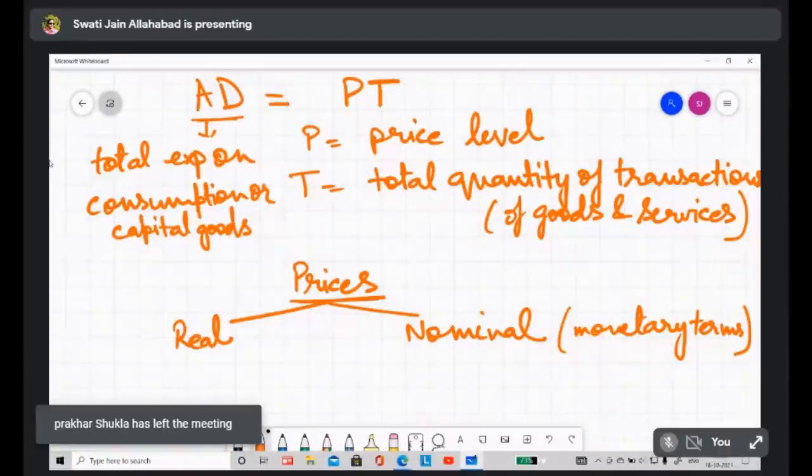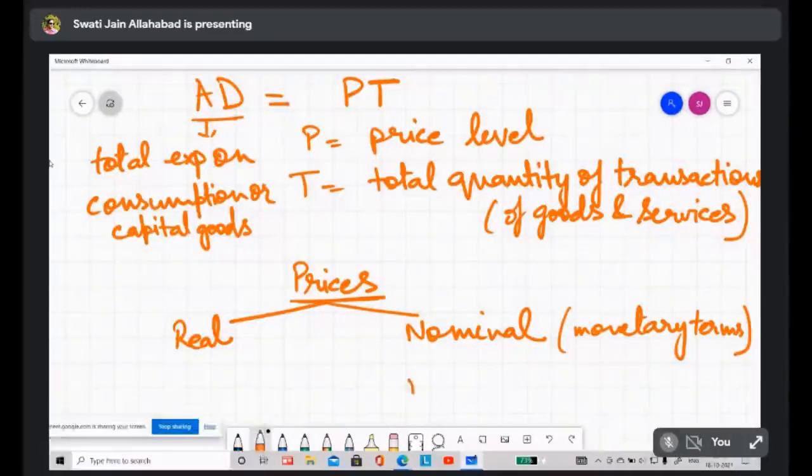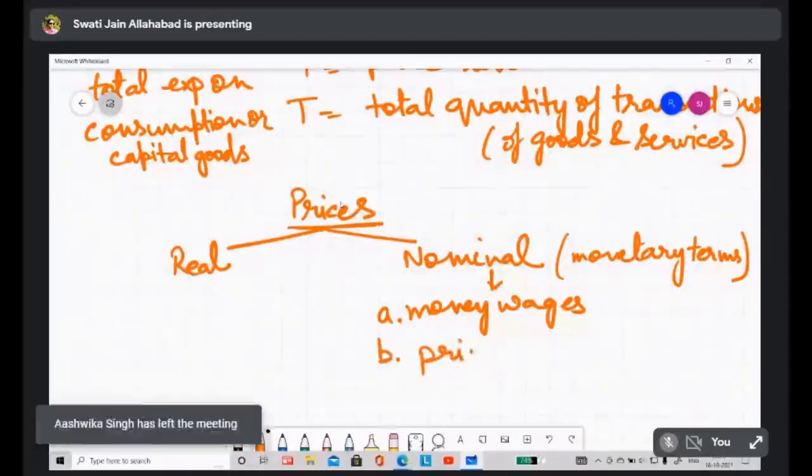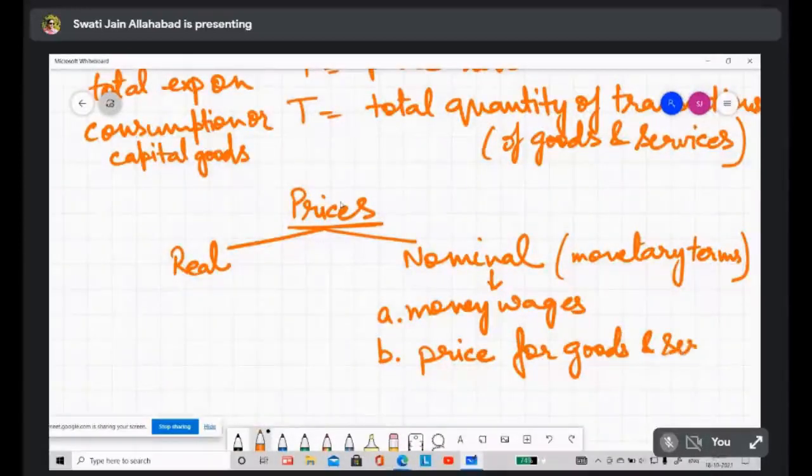Nominal price means money wages, or nominal prices means price for goods and services, or price for capital.